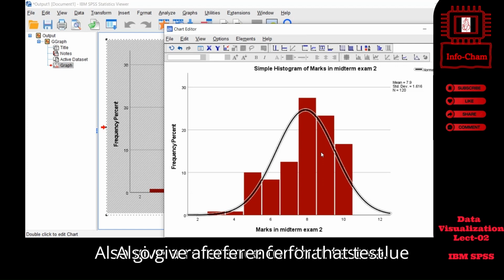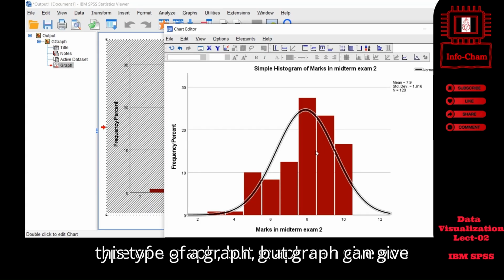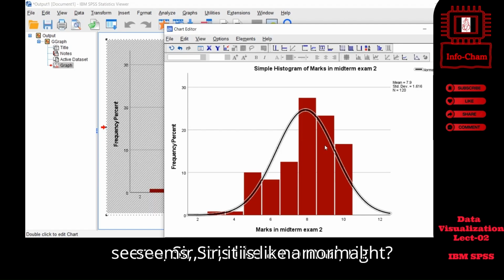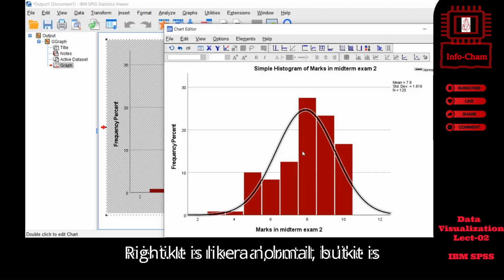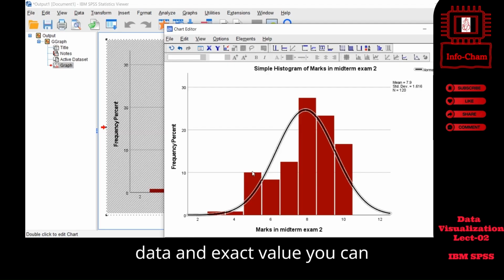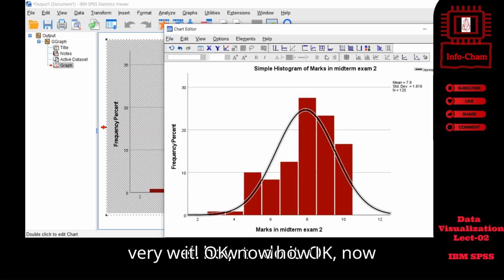Don't rely on this type of graph, but a graph can give you a hint or idea. So it seems, sir, it is like a normal, right? It is like a normal, but it is a little bit negatively skewed data, and the exact value you can check using the test. So you know very well how to do it.